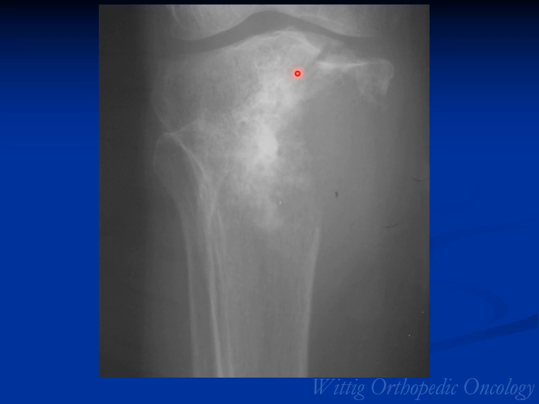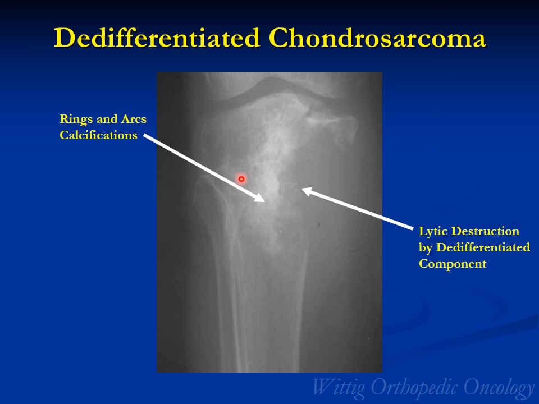And here you can tell that this is the cartilaginous component because of the ring and arc calcifications and stippled areas of calcification and flocculent areas throughout it. Showing you the x-ray, showing you the calcifications and the lytic destruction by the dedifferentiated component.